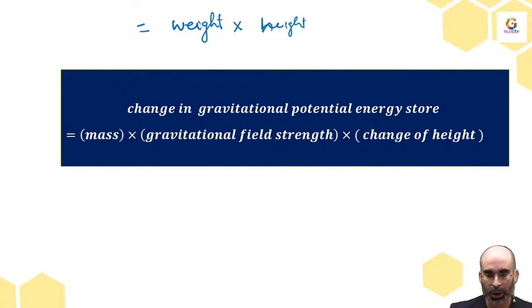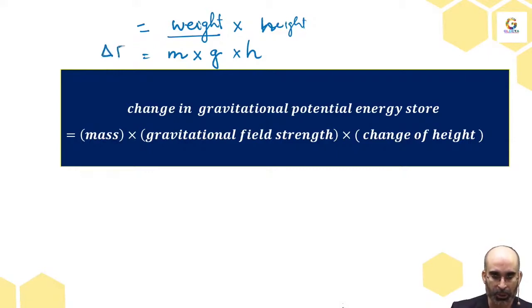Work done equals force into distance. Weight, we all know, equals mass into gravitational field strength, and the change of height, suppose, is h. So this is the change in gravitational potential energy.